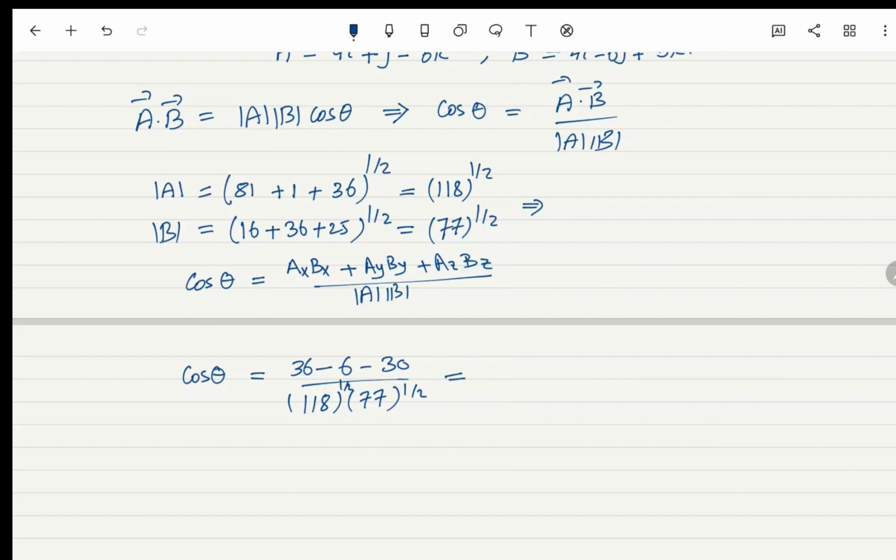You do the math. 36 minus 6 is 30, minus 30 is equal to 0. Cosine theta equal to 0. In this case here, theta is actually equal to pi over 2. This is actually an interesting result, as A and B are perpendicular or orthogonal to each other. So A and B are orthogonal.